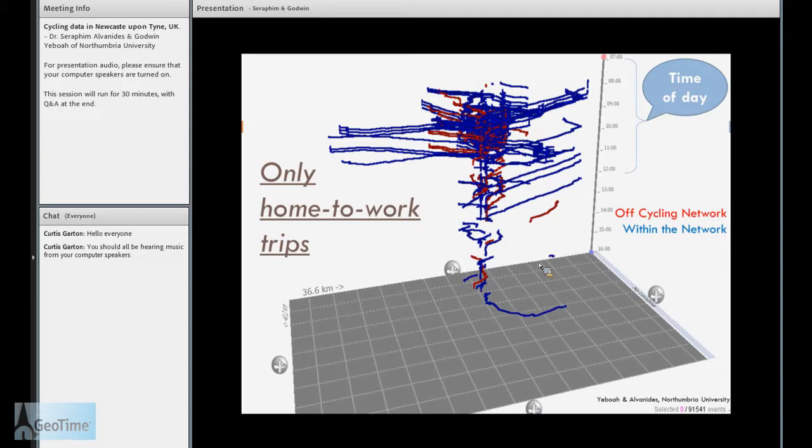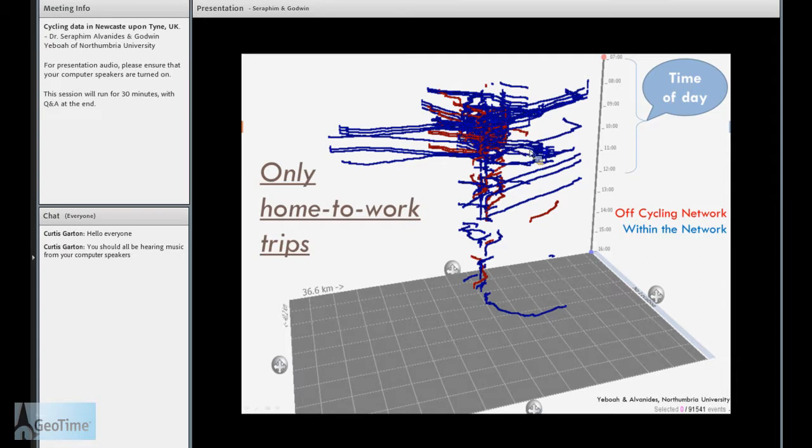You may have to occasionally go off the network and into motorway, well, not motorways, but kind of busy bus routes, etc. So this is the kind of information hypothesis we're trying to test here, depending on the time of the day, and also for the purpose of the trip. The purpose is home to work for all the trips, and whether people are cycling off or on the network.